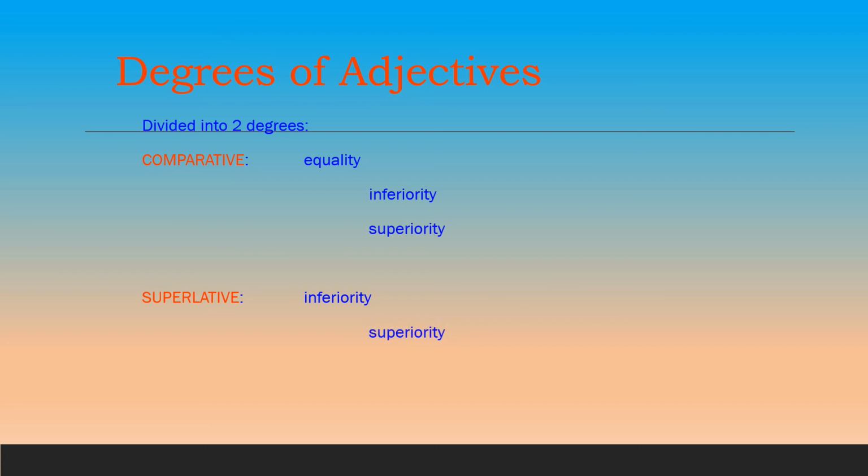Equality means same, inferiority means worse, superiority means better. So it's better than, it's worse than, and so on. And it's as good as, of course, would be equality.